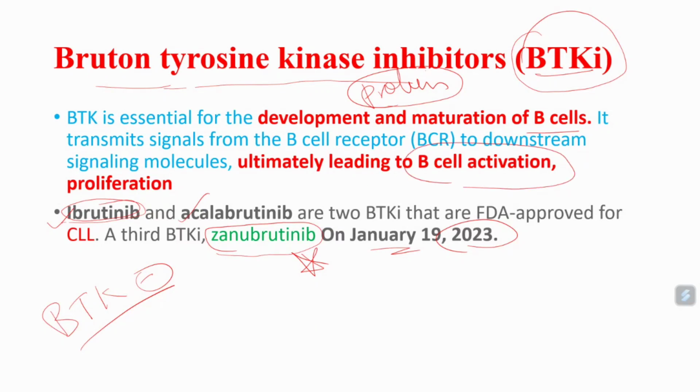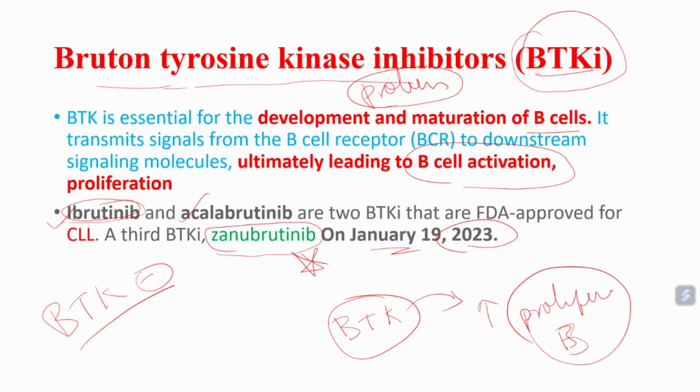BTK induces the cell signaling pathway that promotes proliferation of B cells. These B cells are the main characteristic feature of chronic lymphoid leukemia. So this protein improves the proliferation of B cells, and with that it induces the neoplasm of chronic lymphoid leukemia.